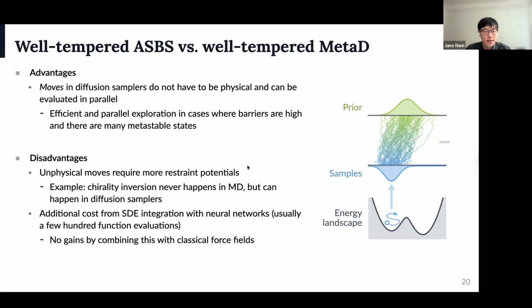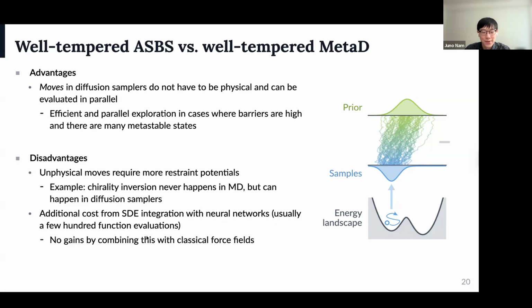And another one is that there is an additional cost that is incurred by integrating the stochastic differential equation. And it involves using the neural network control model that we trained. And also it's usually a few hundred NFEs.